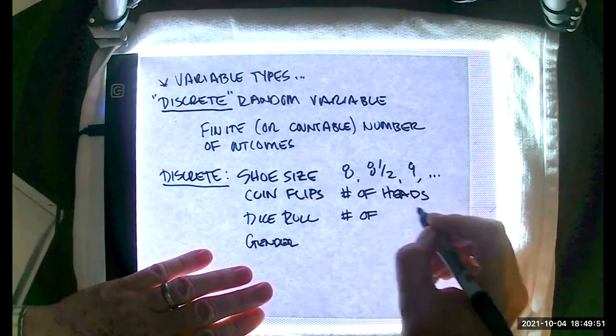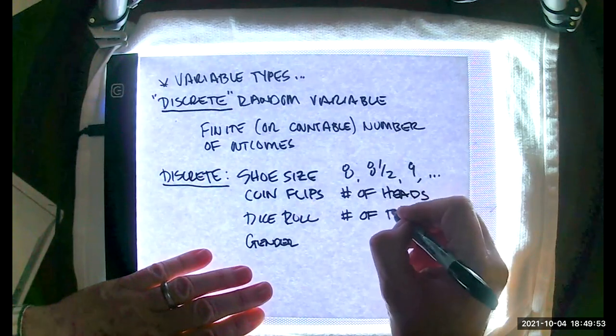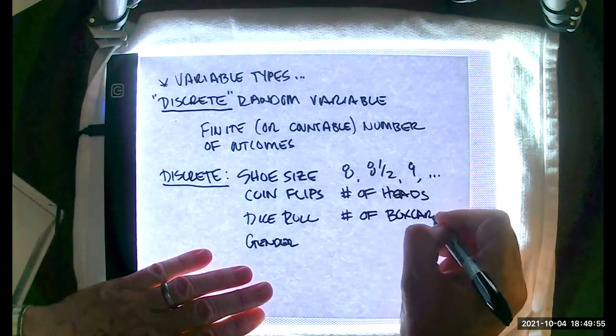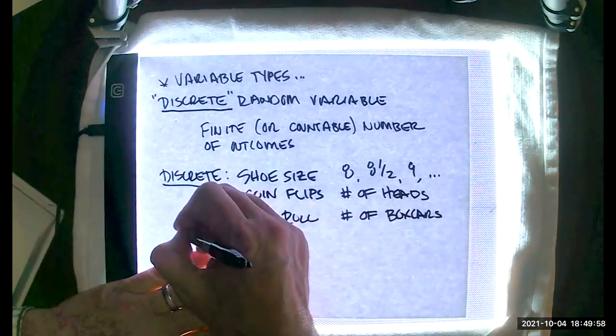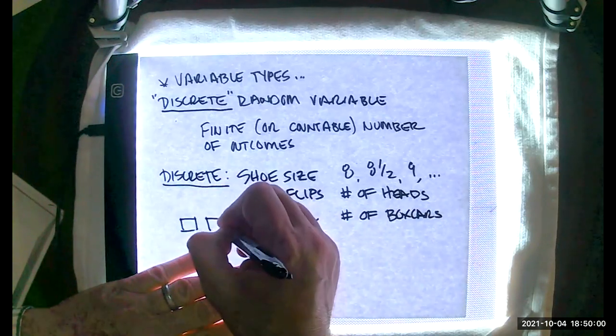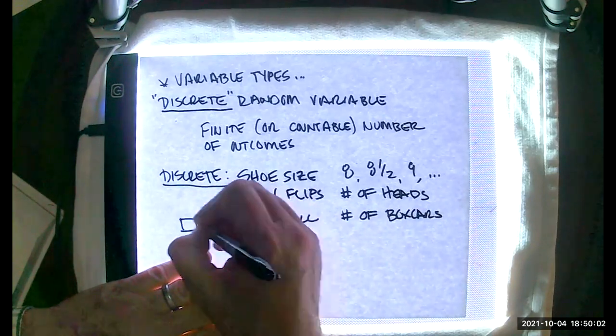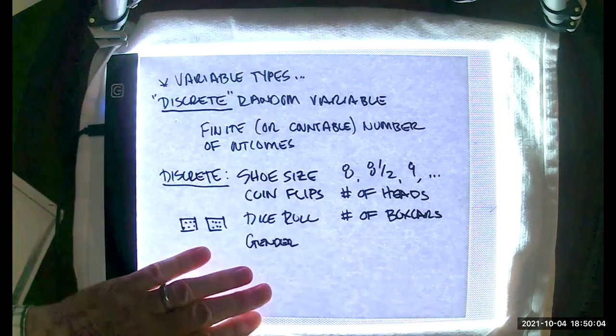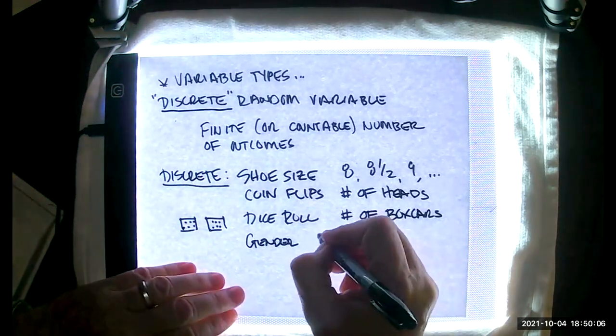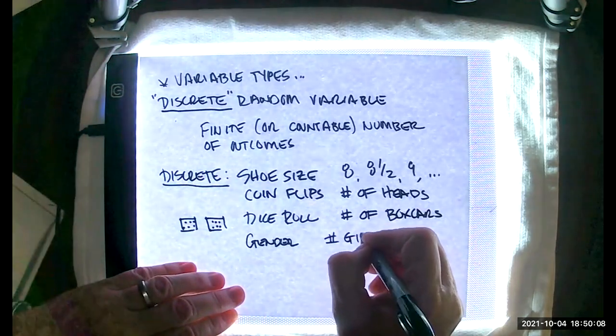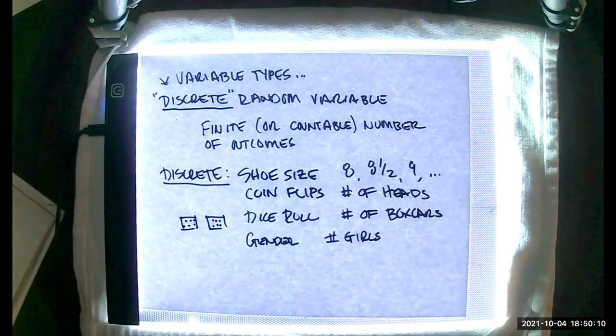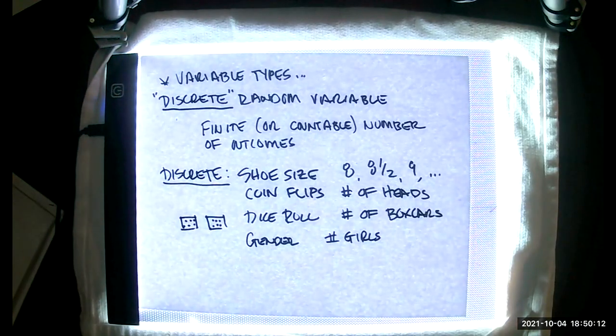Number of, well, I don't know, boxcars. What are boxcars? Boxcars are when you get two 6s in a row. Gender, maybe the number of girls in a randomly selected group of birds.